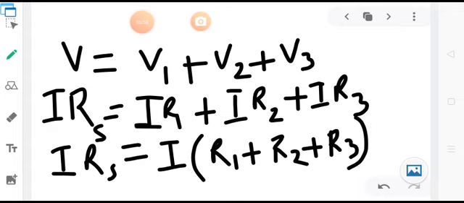Now you can cancel out I from both sides, and this will be the expression for equivalent resistance: RS equals R1 plus R2 plus R3.